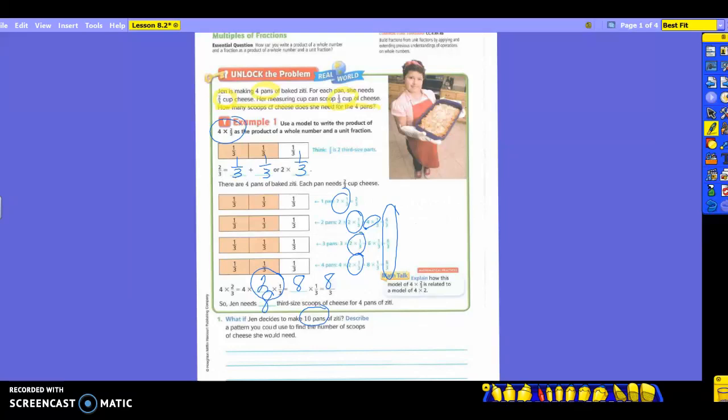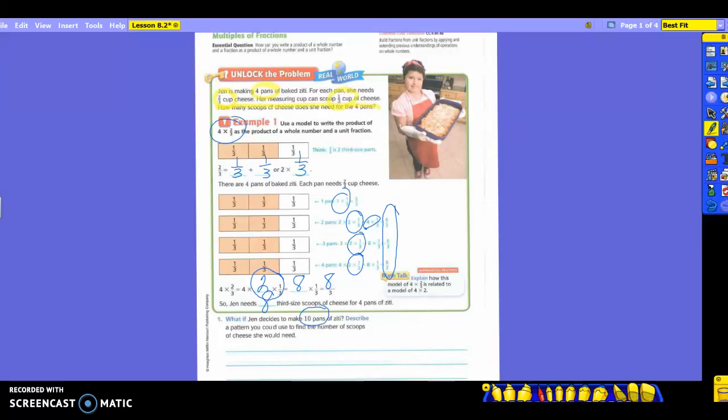20, what were we in? No, what are we in? What is the amount that we're giving? Guys, look up there. 4 pans of baked CD, for each pan she needs 2/3 cup of cheese. What am I in? Thank you. Thirds. I'm still in thirds, right? I didn't change that part. Do I still need it to be in thirds when I'm done? Yes.